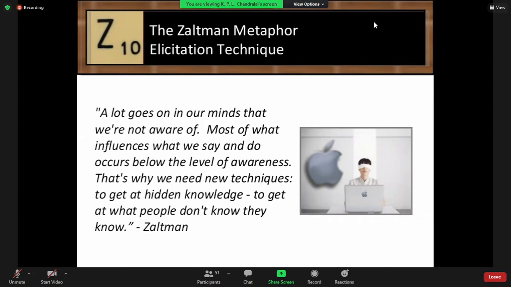We can uncover just 5%. But using these new techniques like neuroscience and metaphor elicitation, we are in a position to uncover these hidden things.